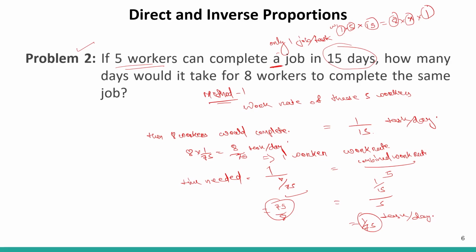So here W1 and W2, T1 and T2, and M1 and M2, that is manpower 1 and manpower 2. This implies that 15 into 5 by 8 is equal to x, so x is equal to 75 by 8. As you can observe, these two answers are exactly the same.